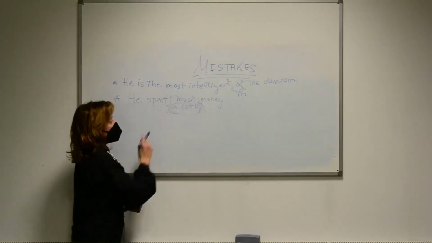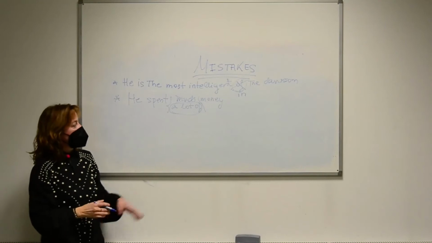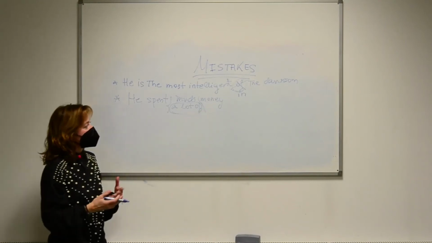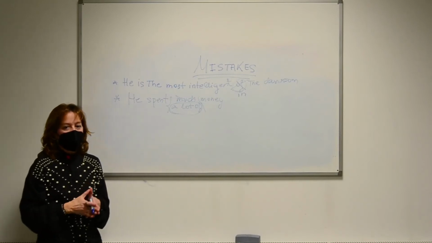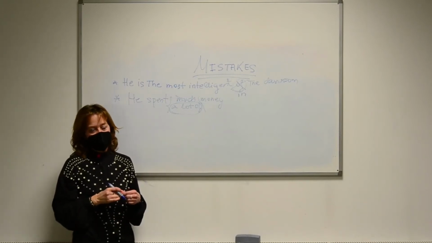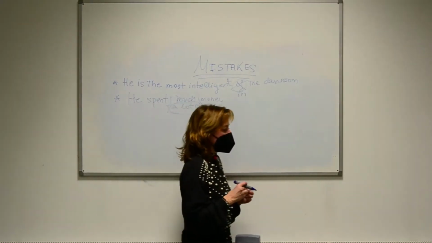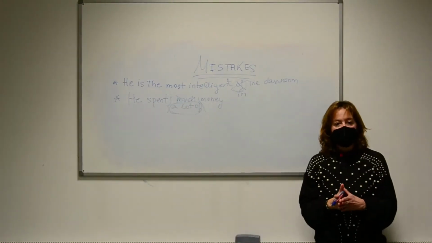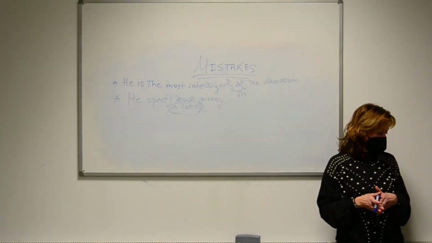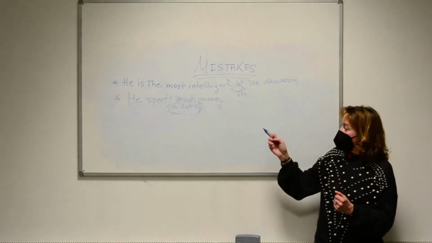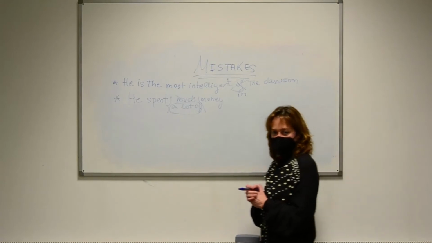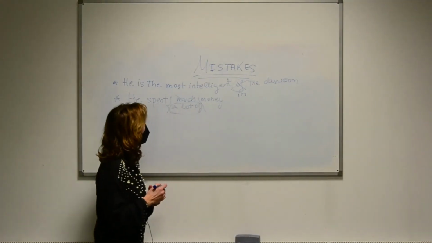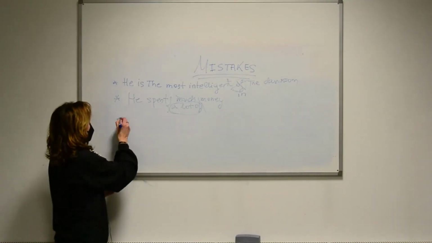This is the suitable one. Because money is an uncountable word, it's right, much. But much is always used in negative sentences. It is never used in sentences conveying a positive meaning, right? Therefore, we should use a lot of and not much, right? Another mistake.